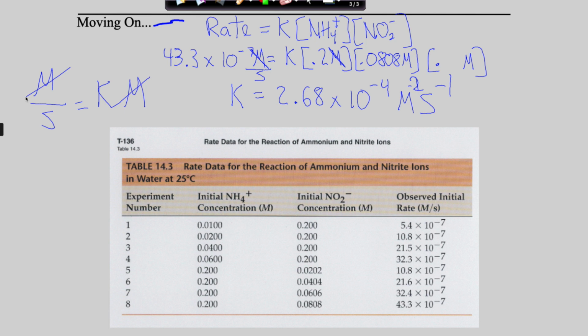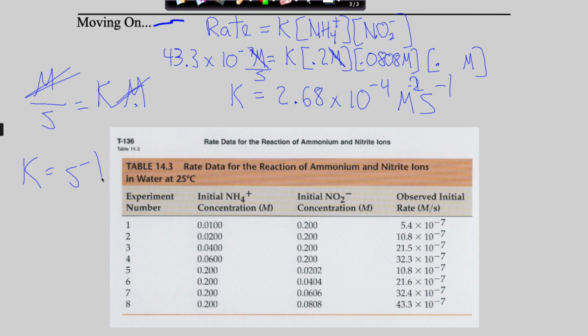Well, if you had, like, H2O decomposing into hydrogen and oxygen... Sure, but the products don't show up in rate laws. It's only the reactant. So if you only have one reactant, you only have one molarity. Those cancel, and your unit for K would just be inverse seconds. Is that okay? All right, you guys good?